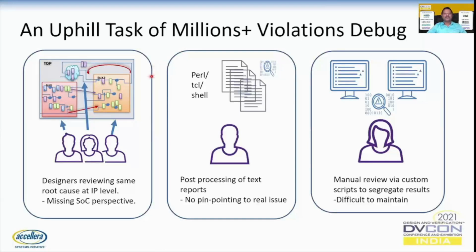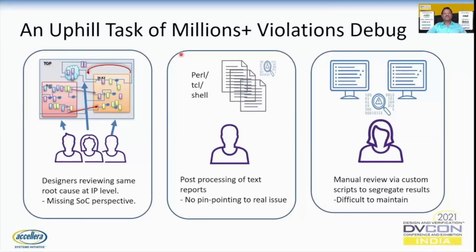Methods like generating reports based on IPs are being utilized. The possibility of two or multiple designers debugging the same root cause is very common. Two independent IP designers would not have any visibility into the issues caused by the missing SOC perspective.